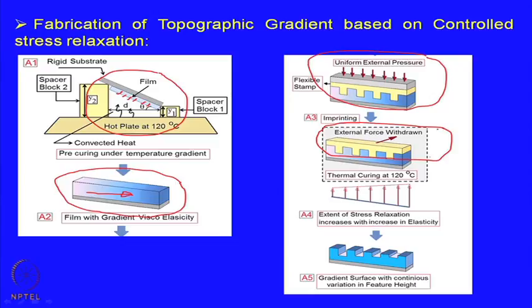So, what happens? As we have talked about in terms of elastic instability in the previous class, ideally once the external force is withdrawn, this film will try to relax back to its original flat morphology. That is because part of the energy that you have applied during this deformation, which is causing the surface deformation at the length scale of each of the features, is stored within the elastic matrix.